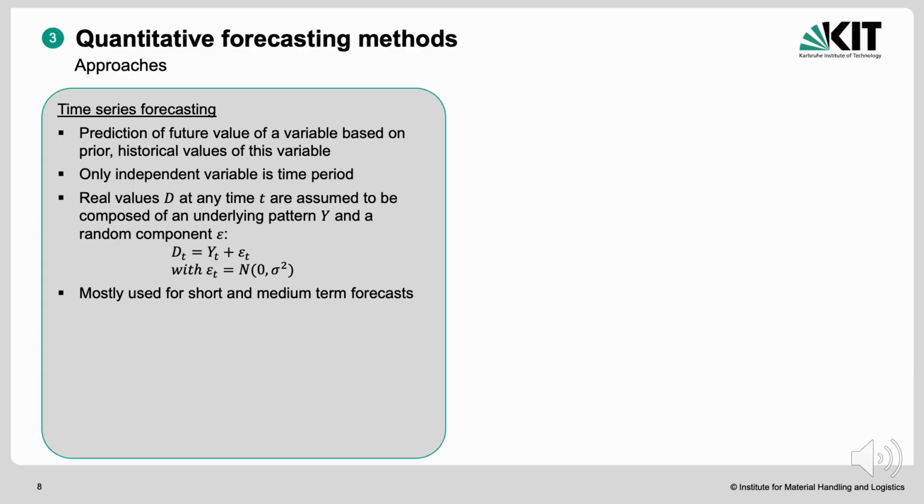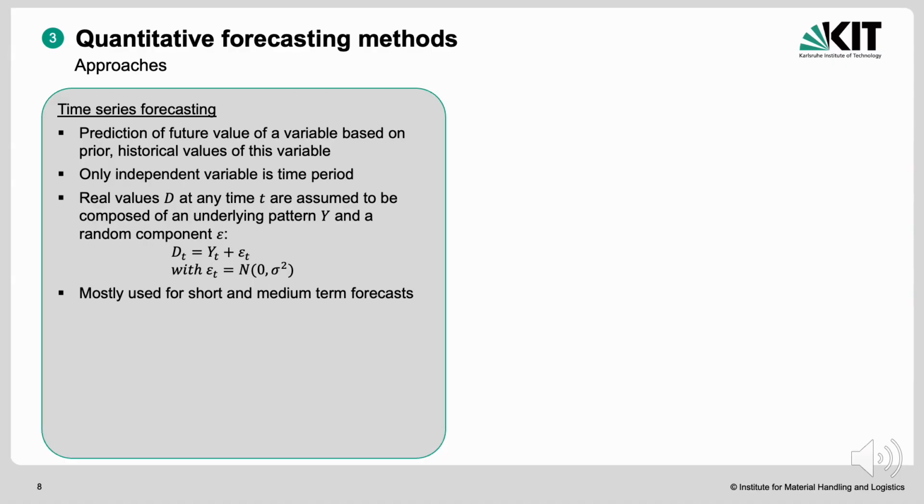So the demand at point t in time can be explained by the underlying pattern capital Y of t plus epsilon of t, where in a good forecast we assume that the error component, or the irregular component, is normally distributed with an average of 0 and a variance of sigma.